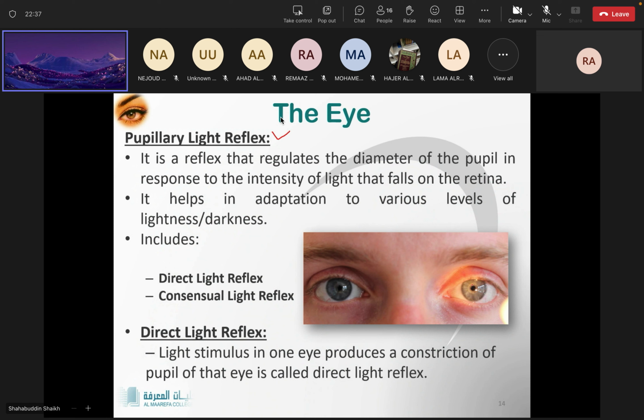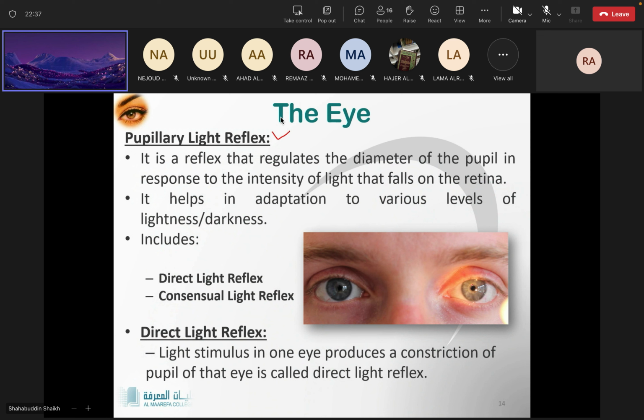But when we are seeing at the near object, not only accommodation reflex occurs, there are two other changes which also occur. Convergence of visual axis. Because the near object is in the center, both the eyes will turn towards the center. Am I right or wrong?